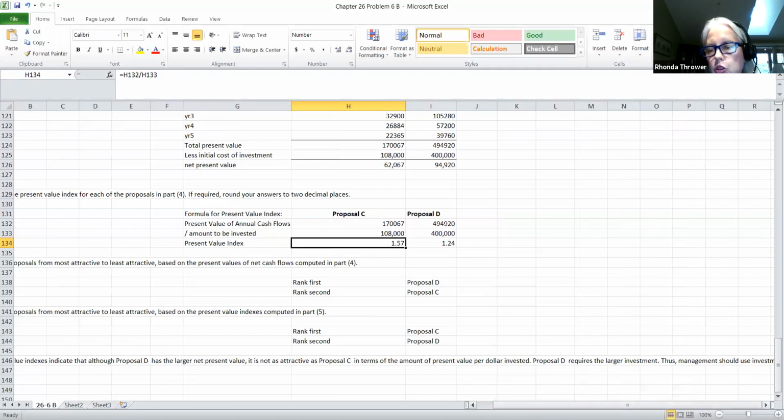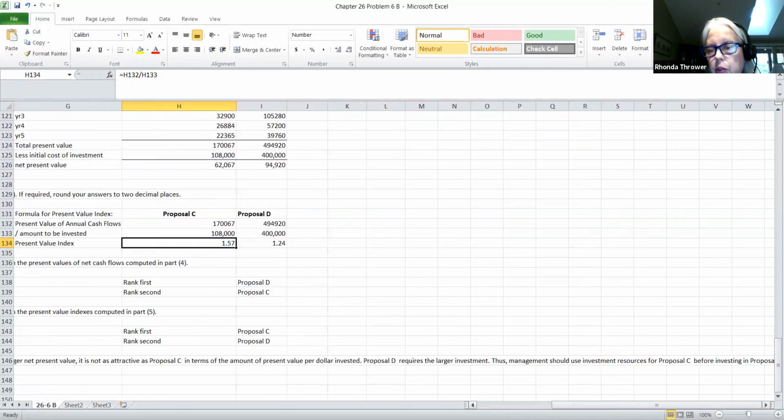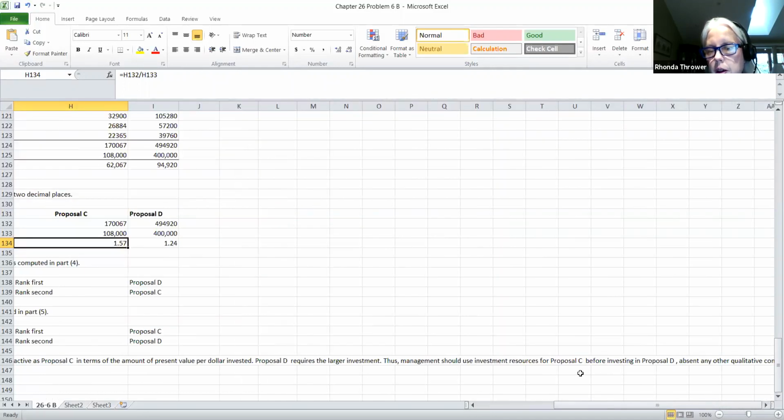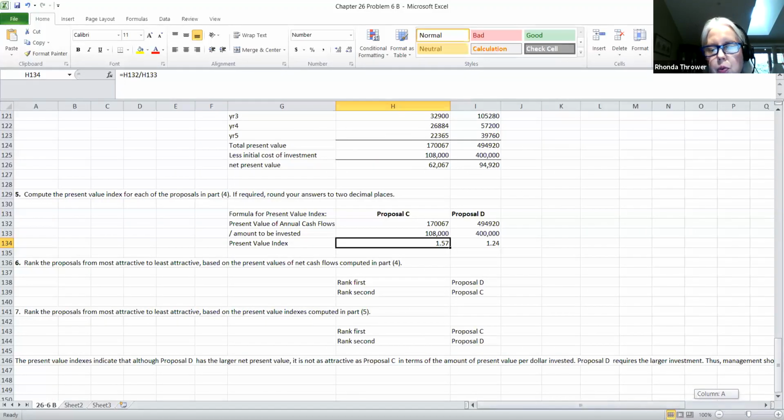Thus, management should use the resources for proposal C before they would invest in proposal D. And that is if they're just using quantitative methods for evaluation purposes.